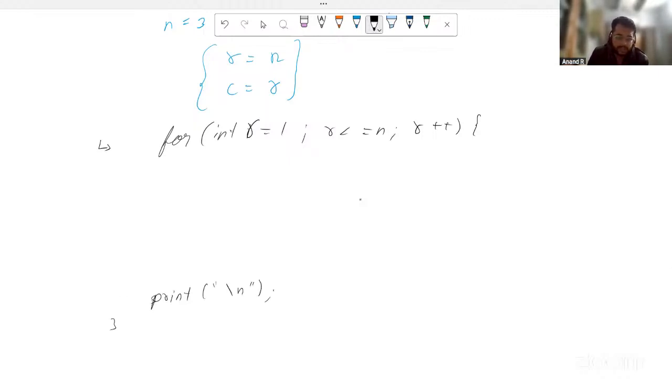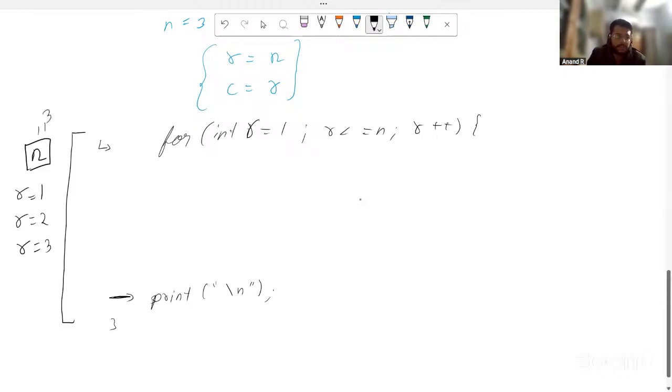Now, can I say that this loop is going to run for n times? Agreed? And how is it going to run? First time the value of r will be 1, then the value of r will be 2, then the value of r will be 3, and let's assume that n is equal to 3. As soon as the value of r becomes 4, it will come out of this loop. Do you agree with that?